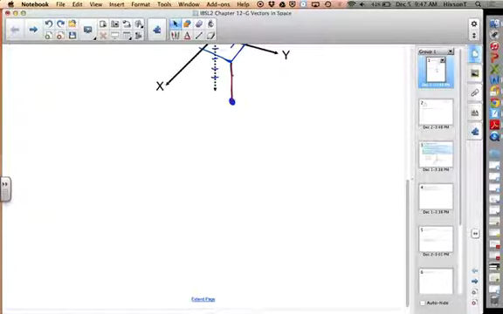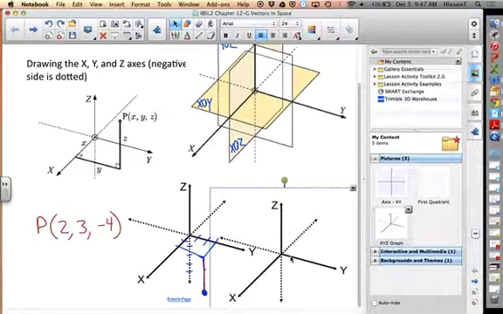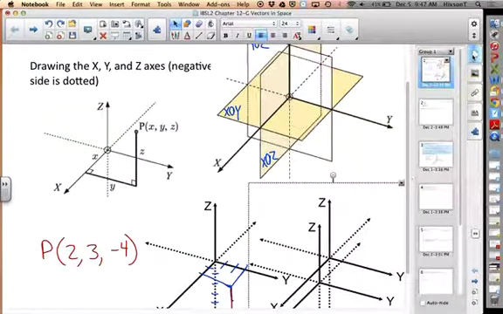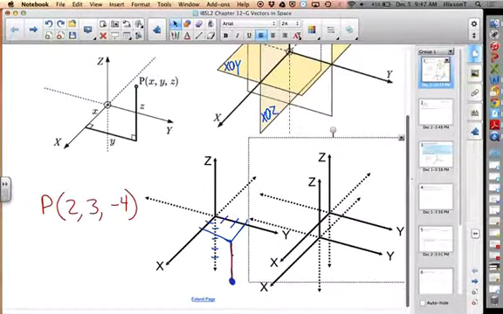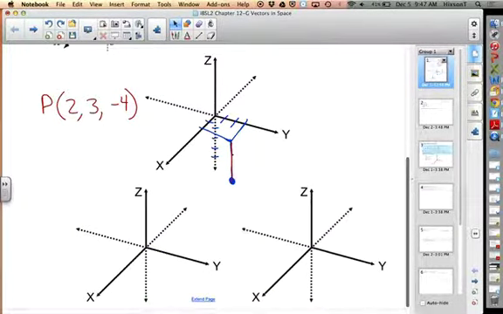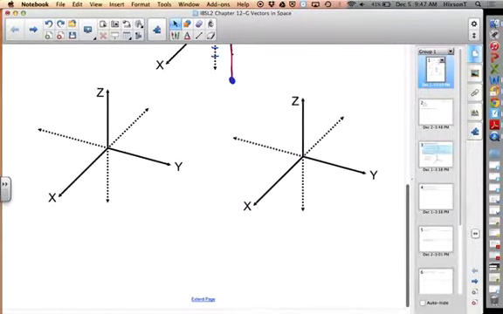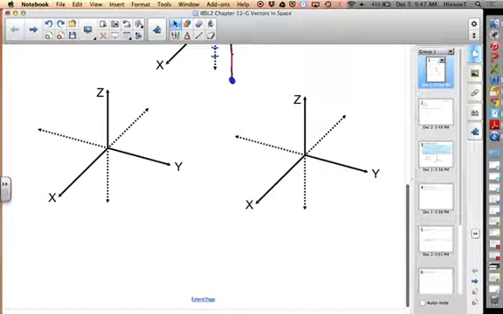Let's try graphing a couple of these points. I kind of cheated. I saved mine, so I already have it. But try to sketch for yourself the XYZ space. You could do it on separate ones or all on the same one if you want. Someone give us a point with relatively small numbers. 4, 5, 6.